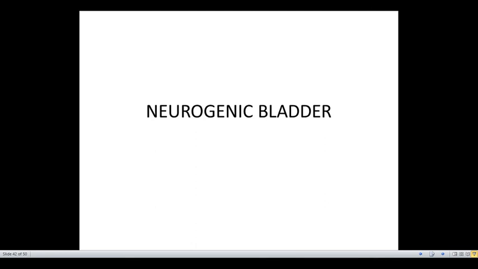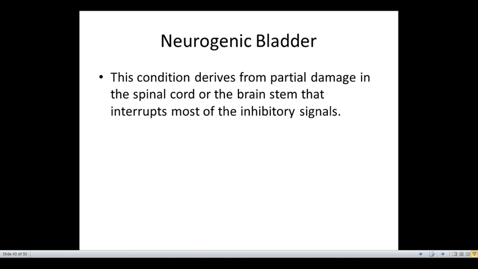Another abnormality of micturition is the neurogenic bladder, which results in frequent and relatively uncontrolled micturition. This condition results from partial damage in the spinal cord or the brain stem that interrupts most of the inhibitory signals. So there is absence of inhibitory signals from the brain.